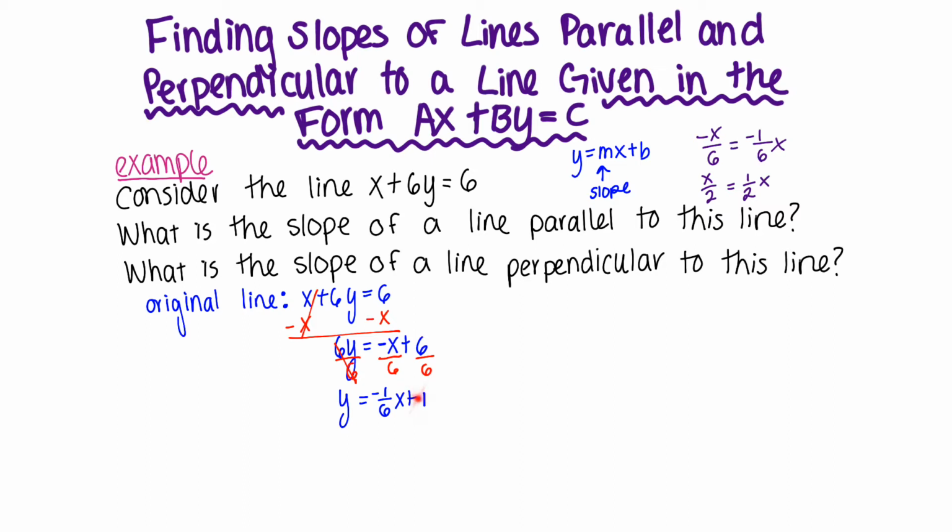This y-intercept here doesn't even matter when we're talking about the slope of the parallel line and the perpendicular line. The parallel line is going to have the same slope as the original.